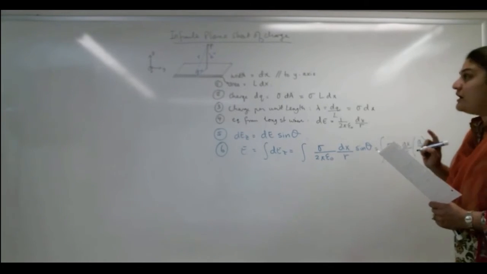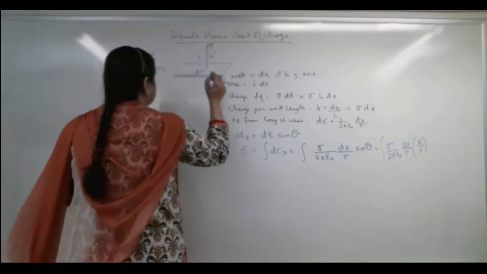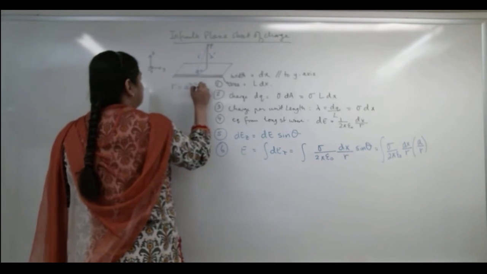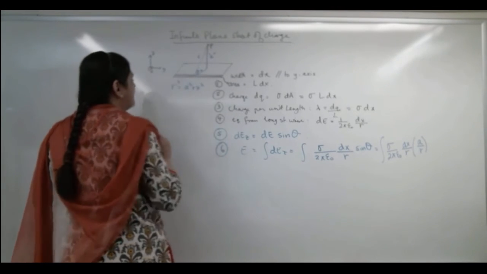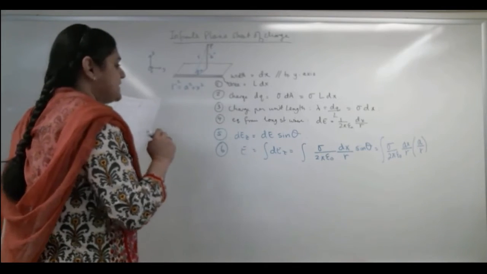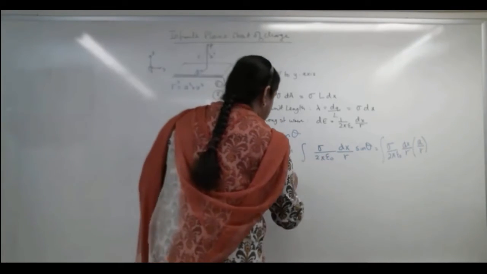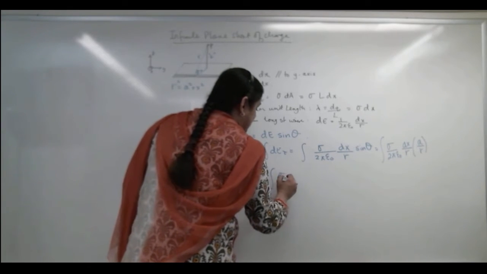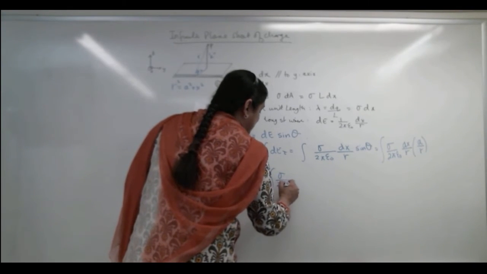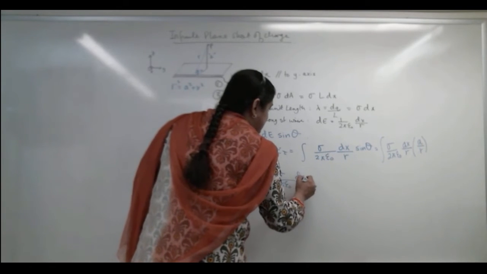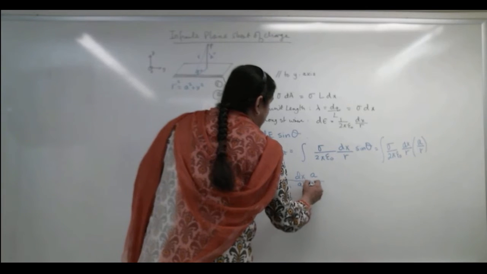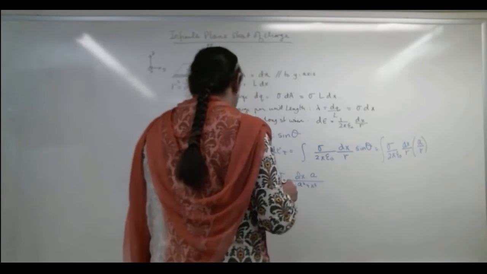And I know r squared is going to be equal to a squared plus x squared. So I can plug that value in here. So what do I get? E equals sigma over 2 pi epsilon naught, dx, a over a squared plus x squared.